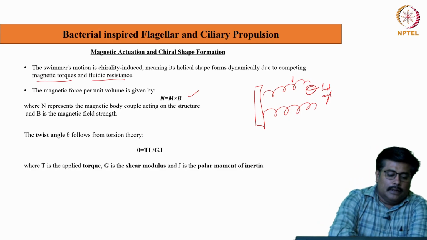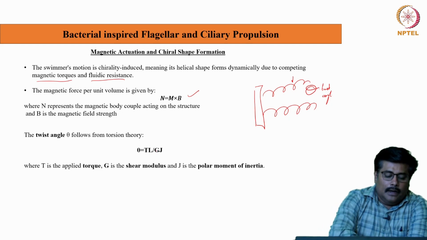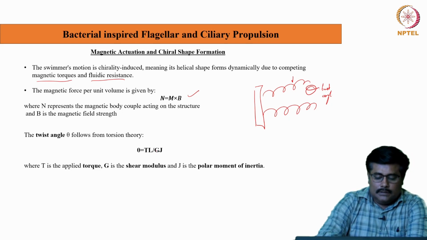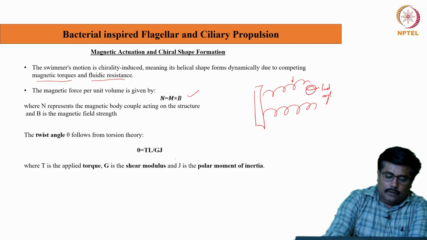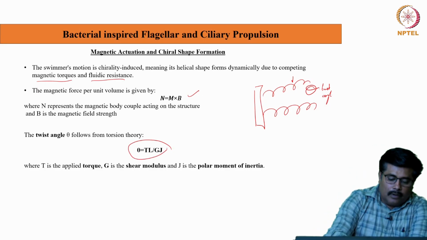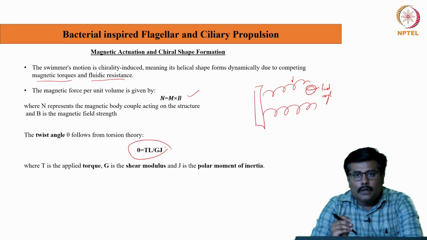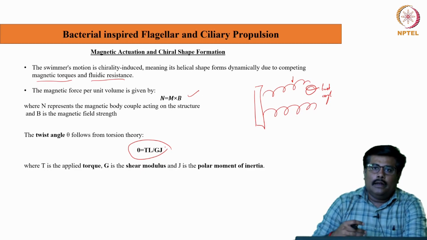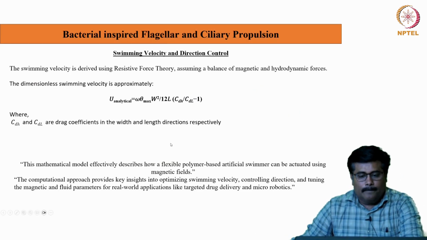The twisting angle theta follows from torsion theory, which is theta equals TL by GJ, where T is the applied torque, G is the shear modulus, and J is the polar moment of inertia. If we equate these, we can come up with a relation that gives the overall twisting angle, which will be highly helpful for locomoting the structures based on our requirement.